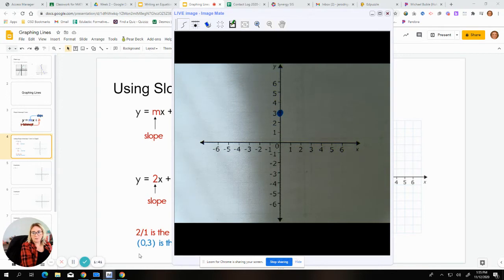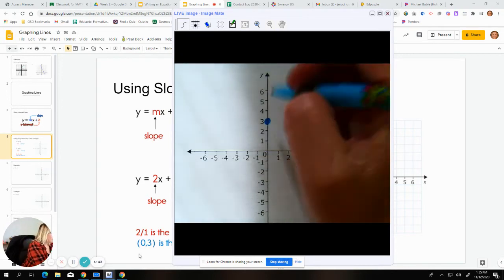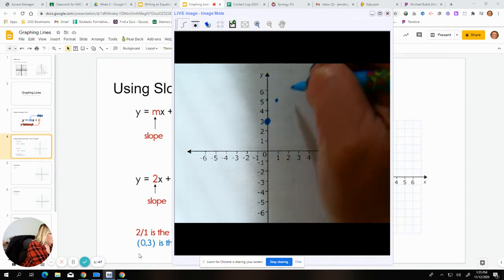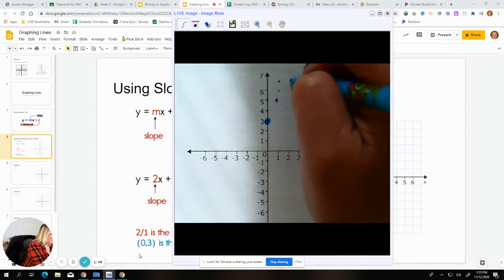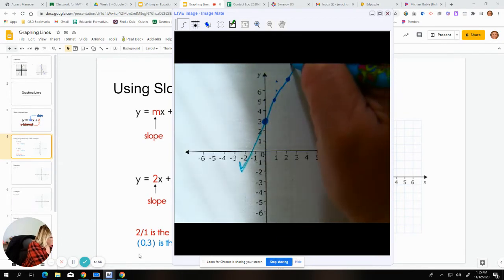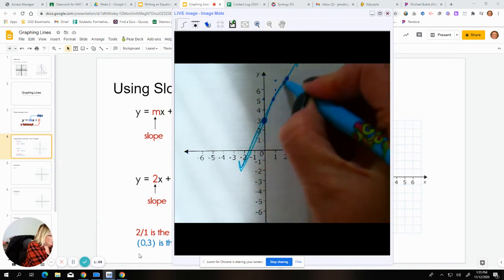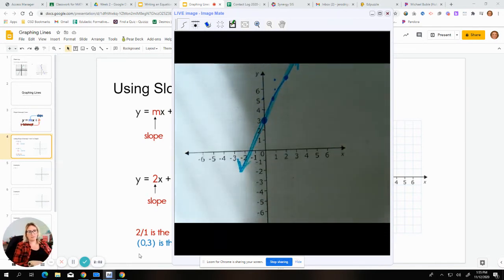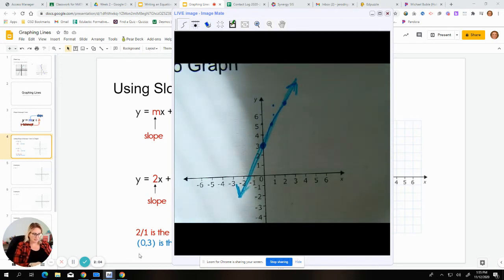Our slope is positive 2 and positive 1, so we go up 2 over 1, up 2 over 1, and that would be our line. You can see that without a ruler, sometimes your lines are going to be a little bit wonky, but that's all right. You get the point: start at your y-intercept and then move your slope.